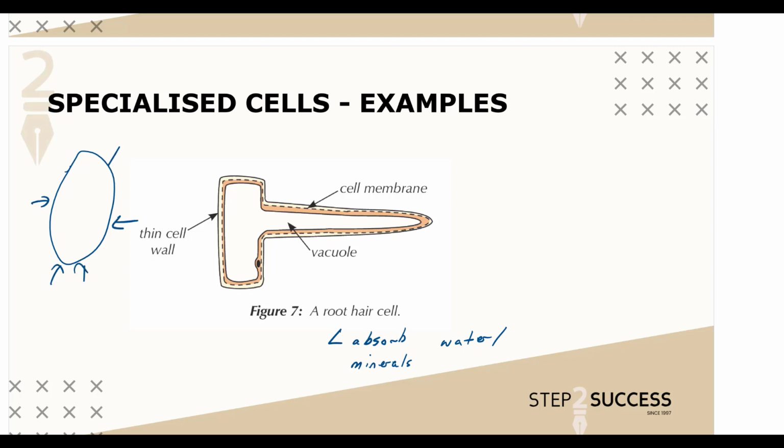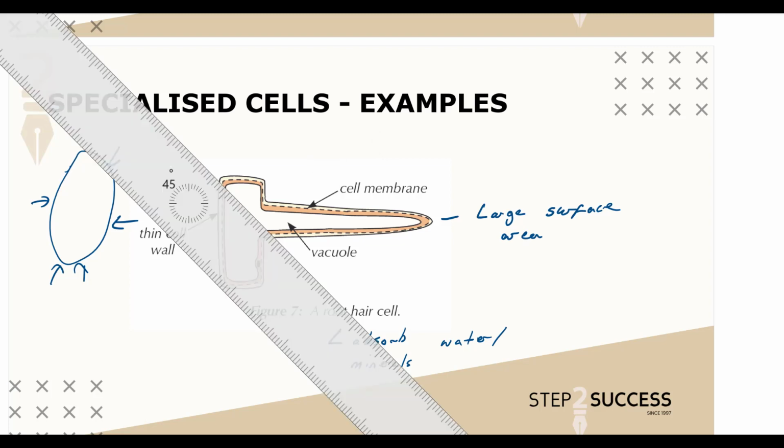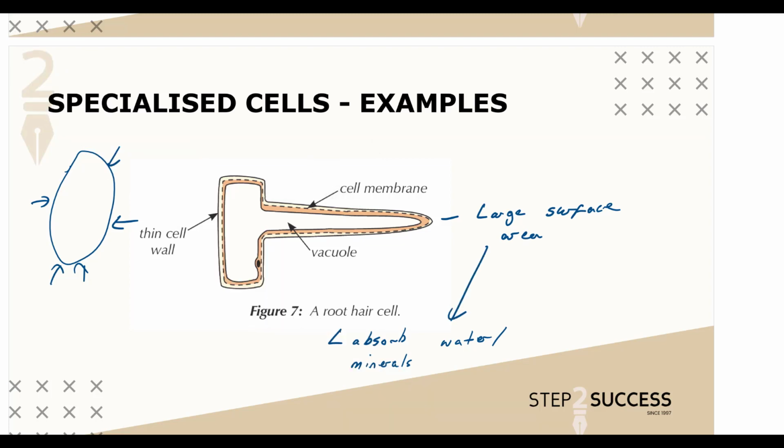So water, minerals, they go through a cell membrane. If we can have a larger cell membrane, or a cell membrane with a larger surface area, that increases the amount of water and minerals that that cell can absorb. So this particular shape that a root hair cell has allows it to absorb water and minerals.